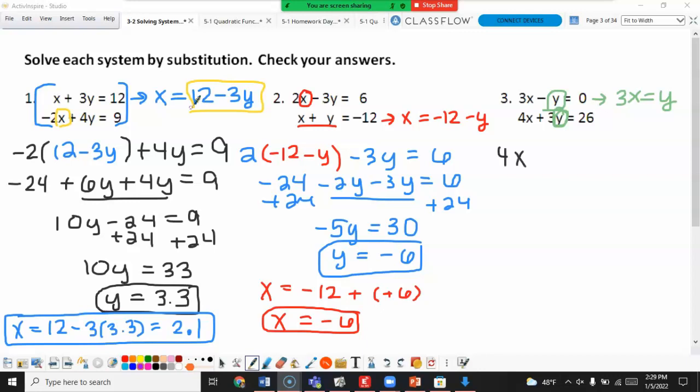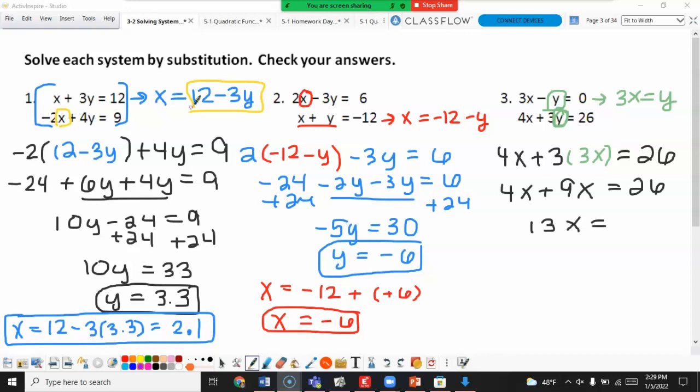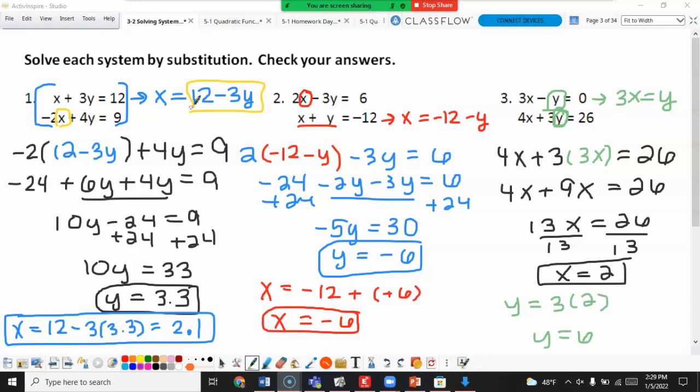So you get 4x plus 3 times 3x equals 26. 4x plus 9x equals 26. 13x equals 26. x equals 2. And last but not least, plugging 2 in for x so that you get y equals 6.